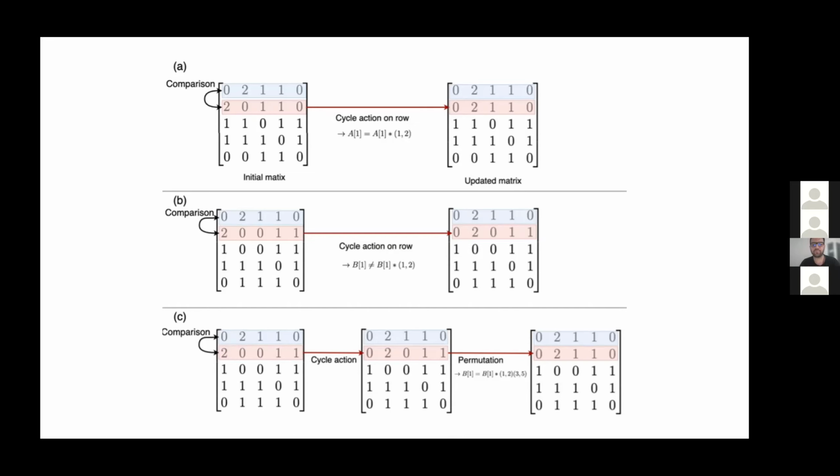Then we found the permutation, for example here 3, 5. That means permuting the third and the fifth entries will give you identical rows. At the end, we can say 1, 2, 3, 5. This permutation needs to be added to the automorphism list because this is the automorphism list for the first node.